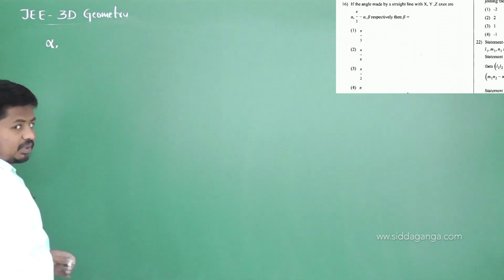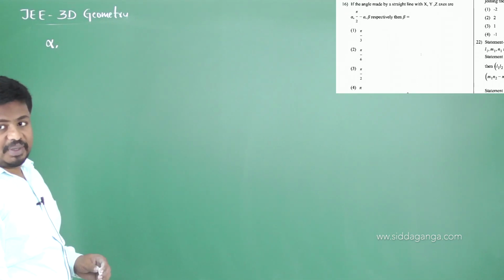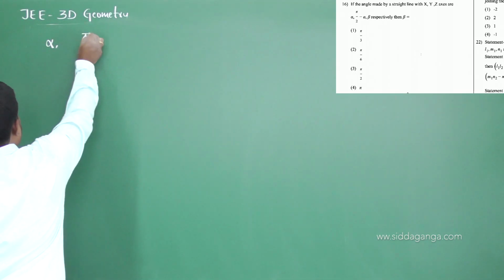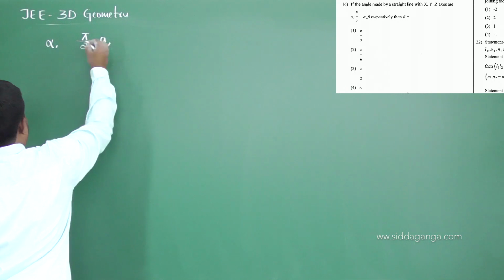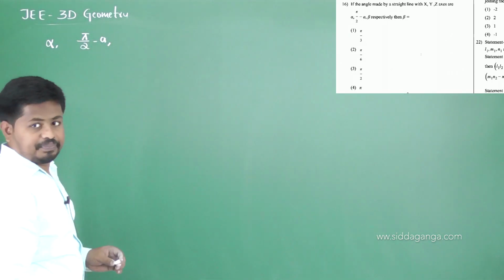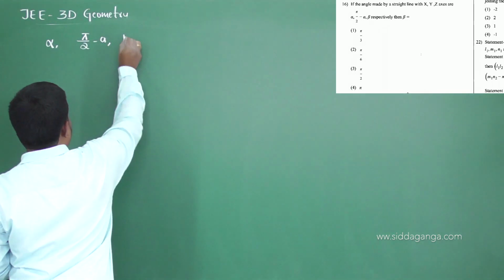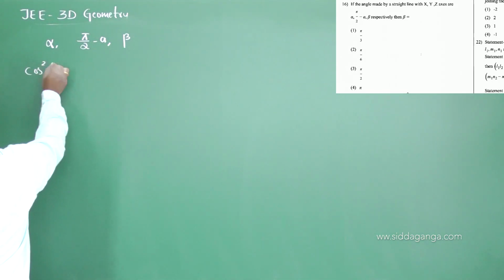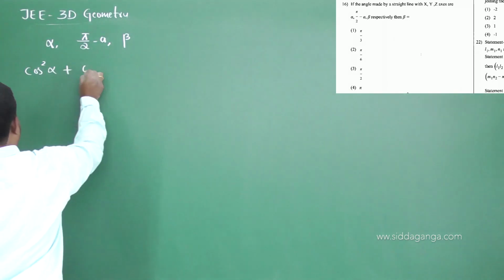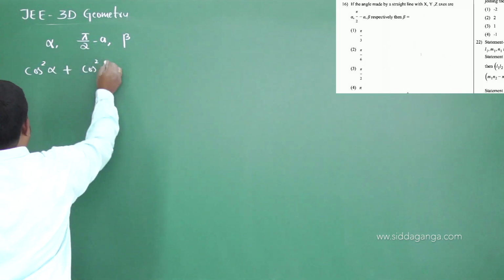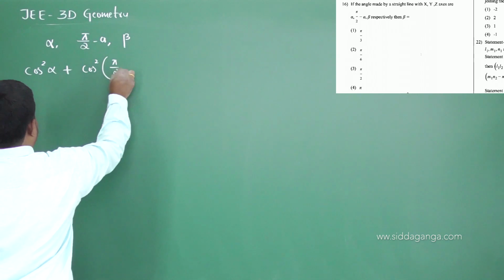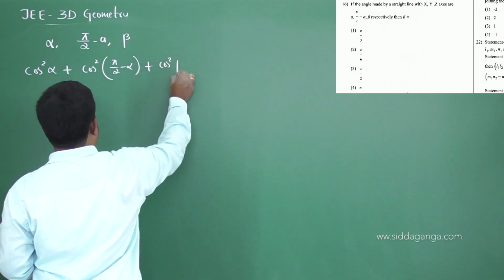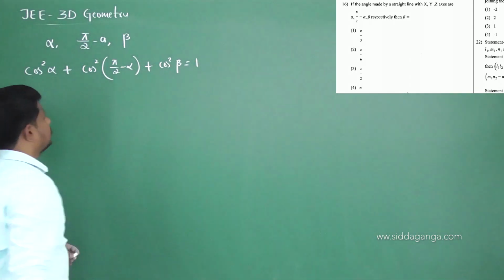In the question, alpha is the angle made with the x axis, pi by 2 minus alpha is the angle made with the y axis, and beta is the angle made with the z axis. So therefore we know that cos square alpha plus cos square of the second angle, pi by 2 minus alpha, plus cos square of the third angle, equals 1.